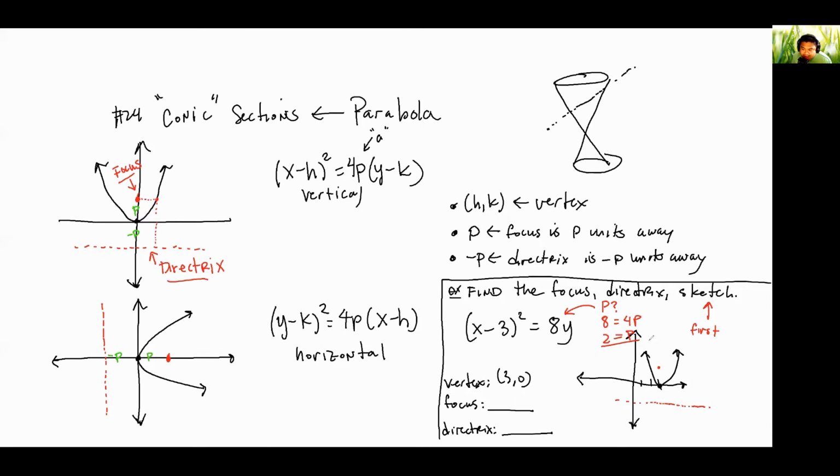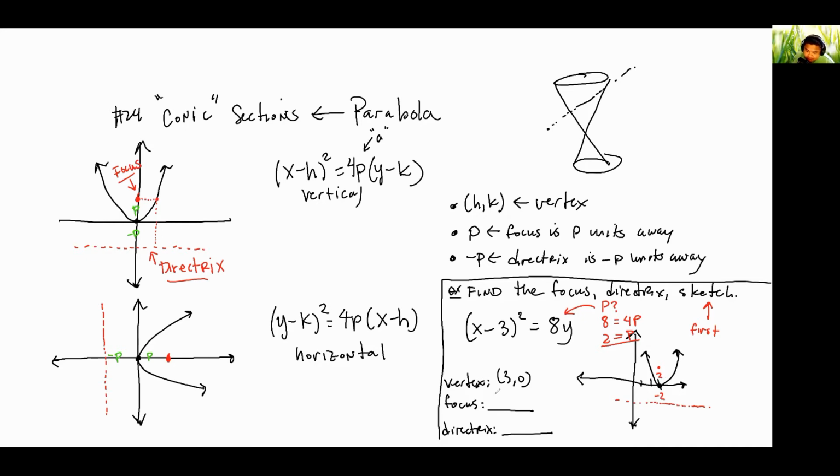So I now know exactly where the focus is and where the directrix is. If the vertex is (3, 0) over here, the focus will be 2 units above. So this is going to be 2. This is going to be -2 because that's what P is.